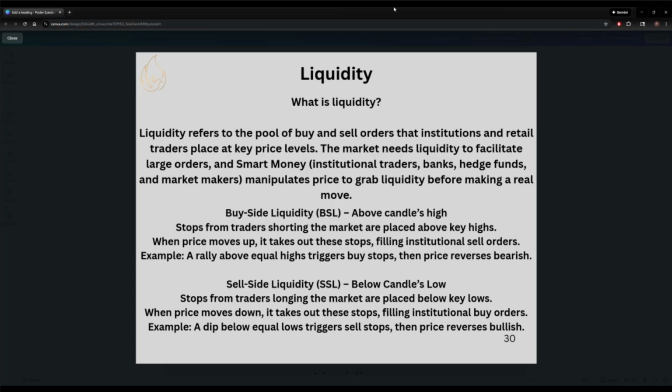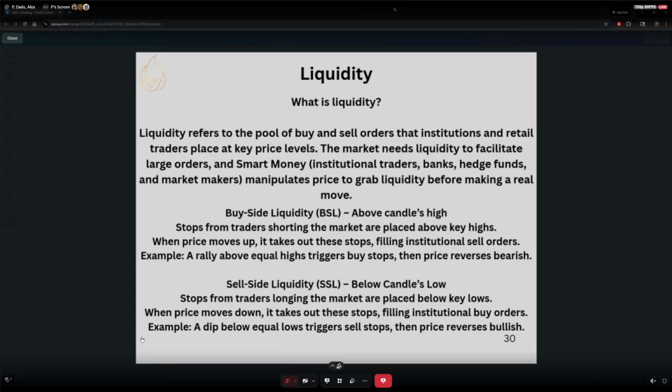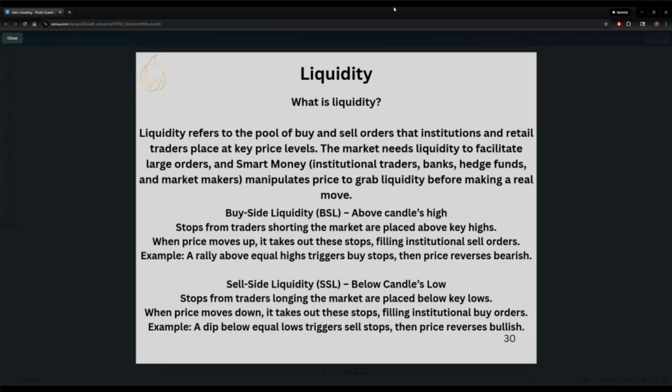The definition of liquidity refers to a pool of buy and sell orders that institutions and retail traders place at key price levels. Every swing high and low contains liquidity.